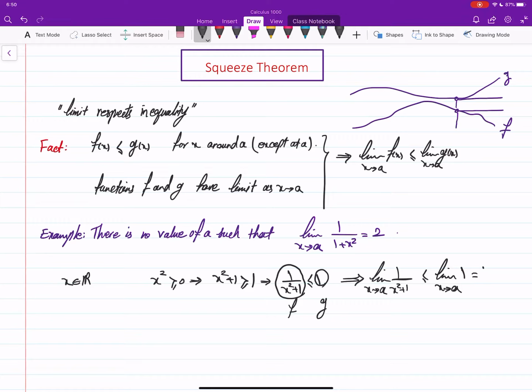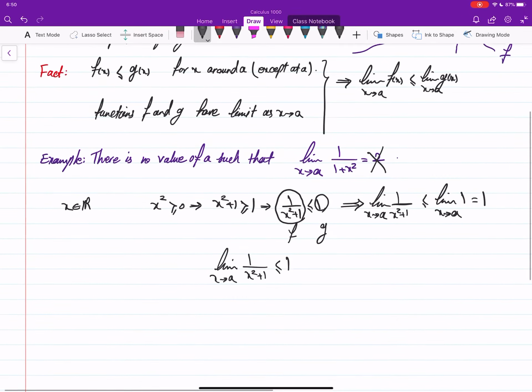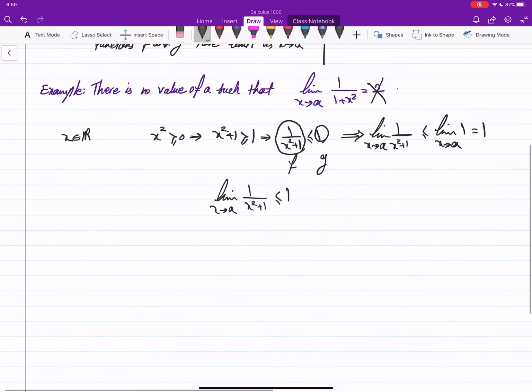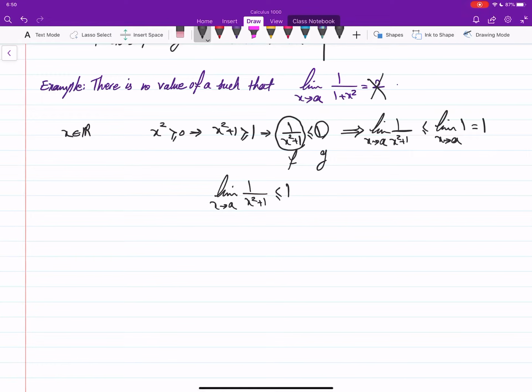Well, the limit of the constant function 1 is always 1, and that means that the limit of our function, no matter what you choose for a, is always going to be less than or equal to 1. And that's why it cannot be equal to 2. Very nice. This is a very simple application.